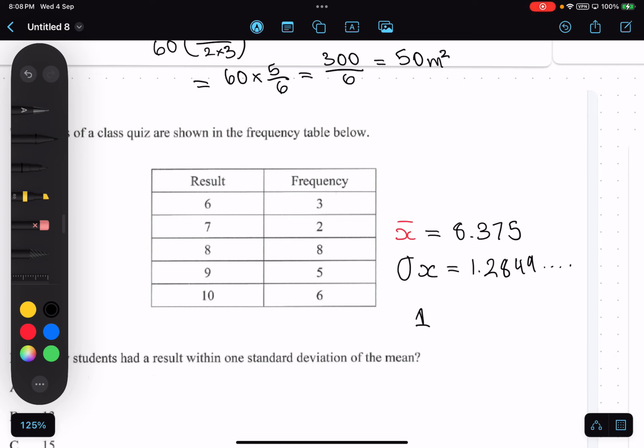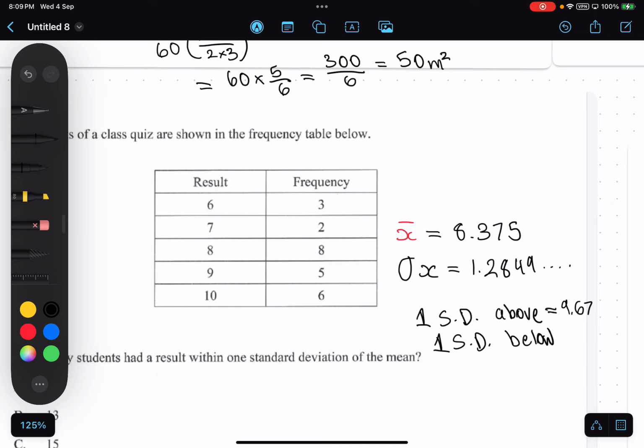So 1 SD above is 8.375 plus the standard deviation, which equals 9.67, and 1 SD below.